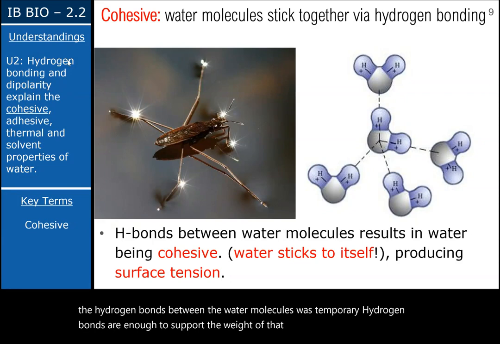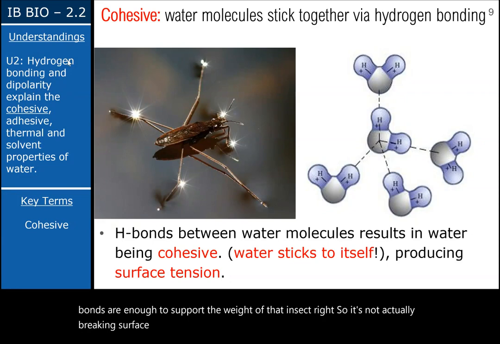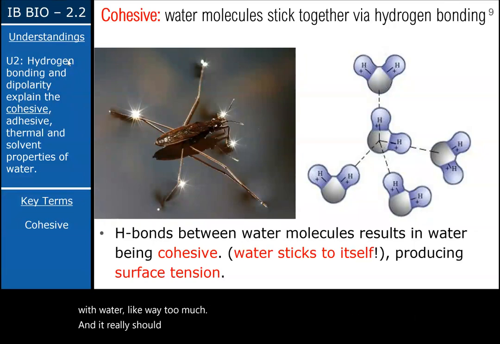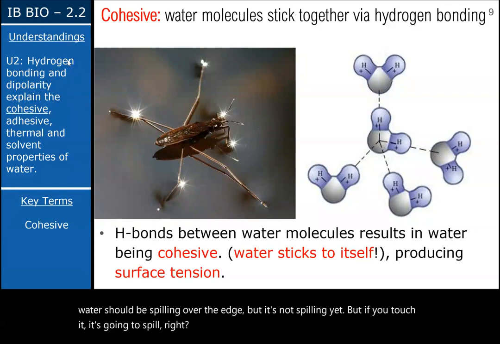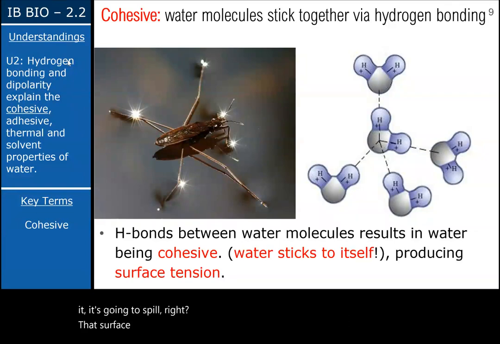So it's not actually breaking surface tension. You can think of it like when you fill your glass with way too much water and you can see the bubble on top. It looks like water should be spilling over the edge, but it's not spilling yet. But if you touch it, it's going to spill, right? That's surface tension. It's the surface tension that's keeping those water molecules together.